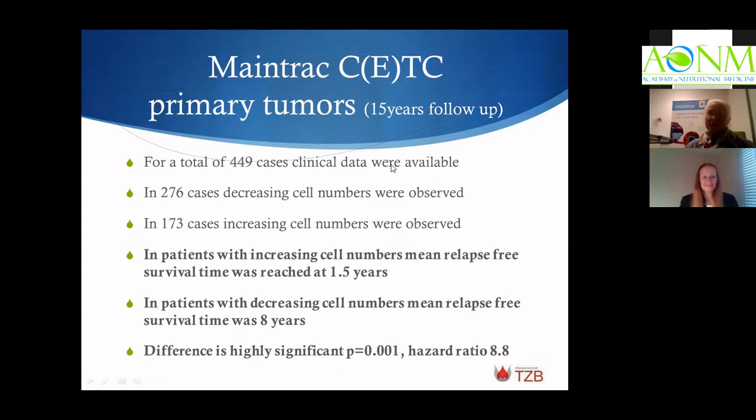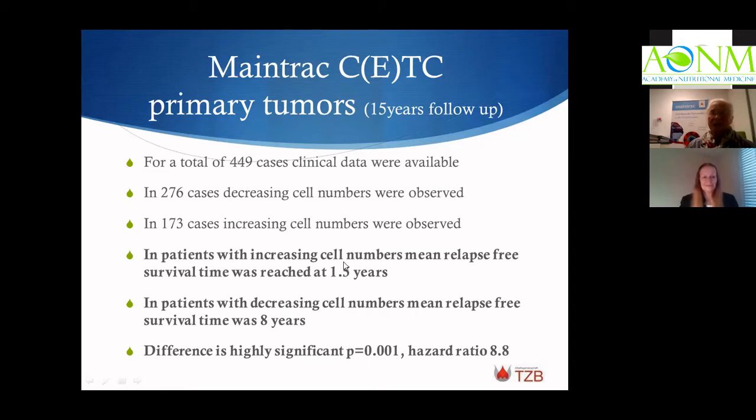And this is to tell you that it's very important for us to know how the cells respond to the therapy if we get clinical data from you so we can correlate them. In these primary tumors, 276 had decreasing cell numbers and 173 had increasing cell numbers.